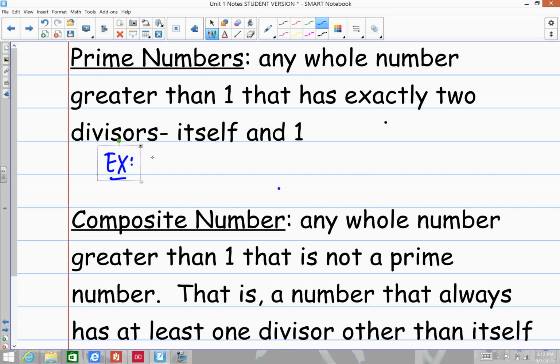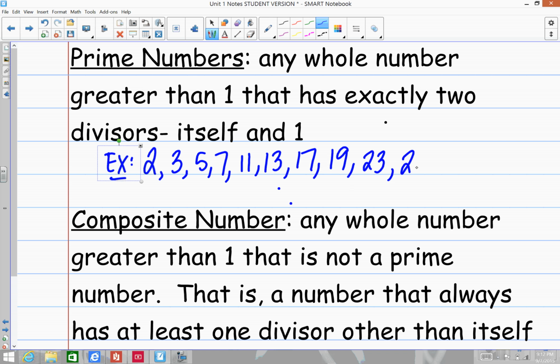Starting at the smallest one is going to be 2, because the only numbers that will go into 2 are 2 and 1, so it's itself and 1. The next one would be 3, 5, 7, 11, 13, 17, 19, 23, 29, and there's going to be other ones that just keep on going up. But these are probably your most common ones because they're the smaller ones.